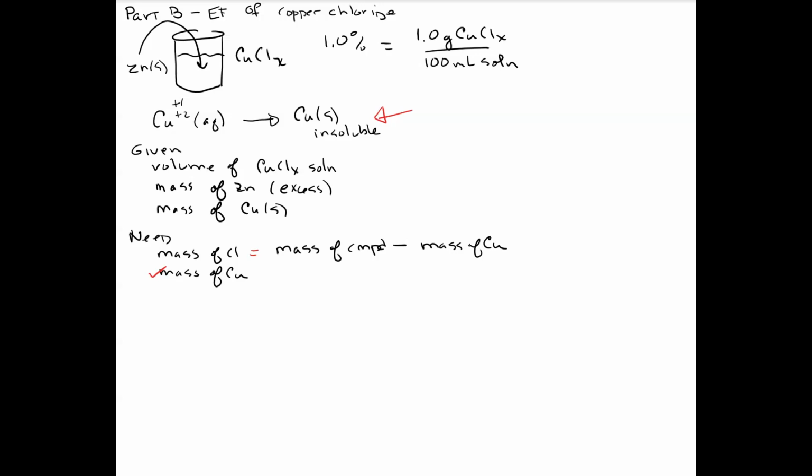We can calculate the mass of the compound if we know the concentration and the volume used. And we have to use the solution for that. So if we have 1.0 grams of our compound per 100 milliliters, and we know the volume of solution that was used in milliliters, we can get the mass of our compound.